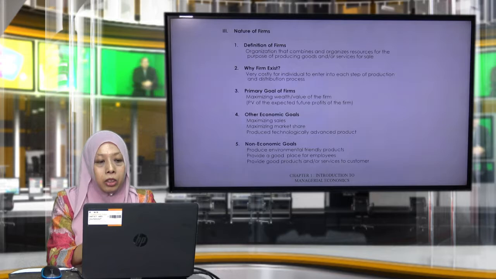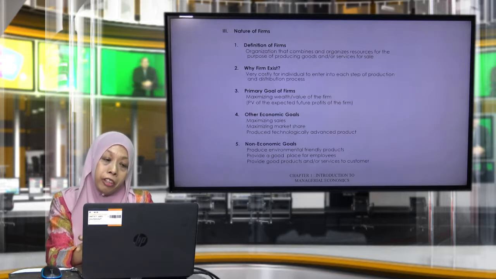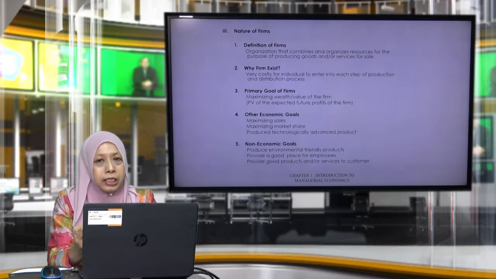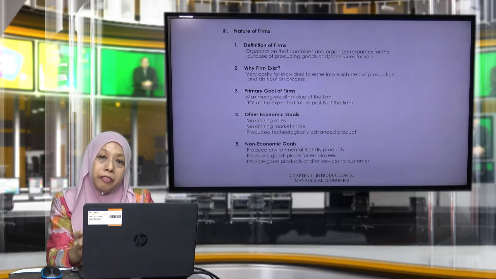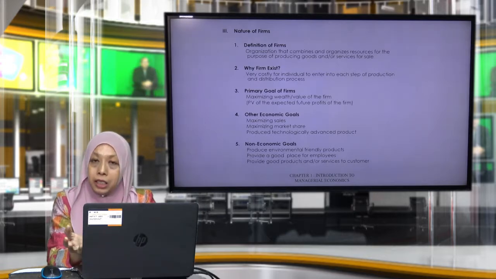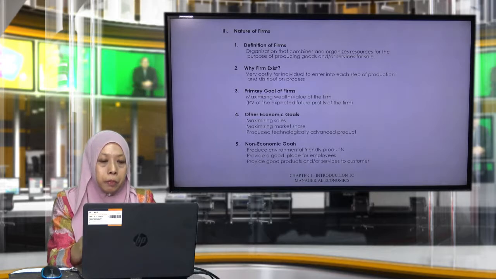Now, the third one would be the primary goal of the firm. As you all know, the main reason why we have firms in an economy is because they want to maximize wealth, or the value of the firm. Maximizing wealth actually refers to the present value of the expected future profits. But that is not the only goal of the firm. Other goals would be to maximize sales, maximize market share, and produce products that are technologically advanced.